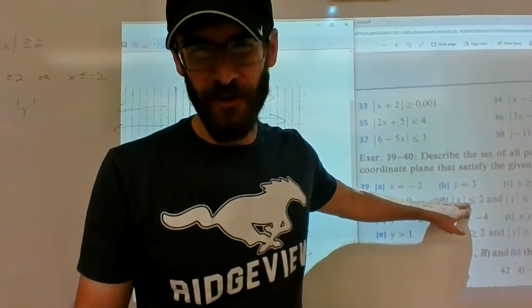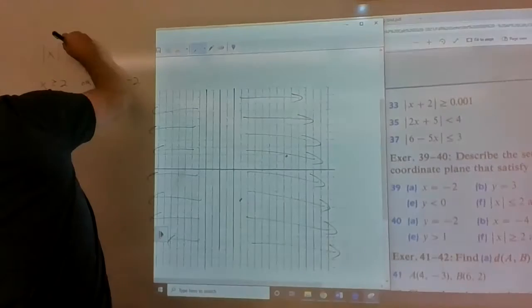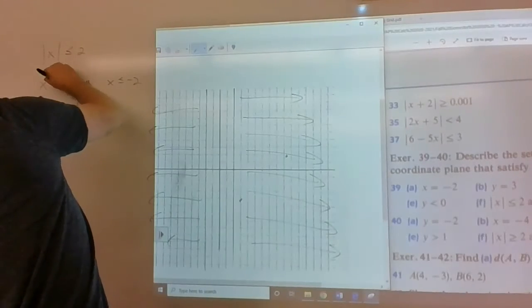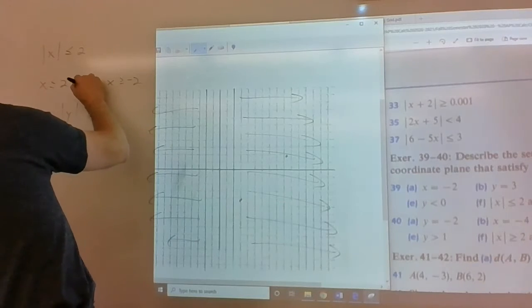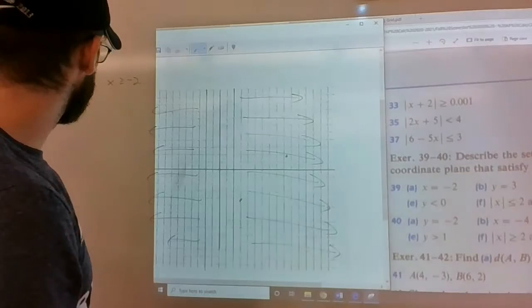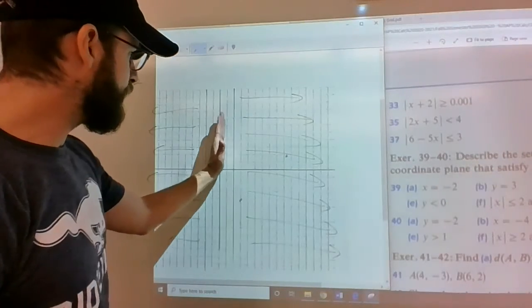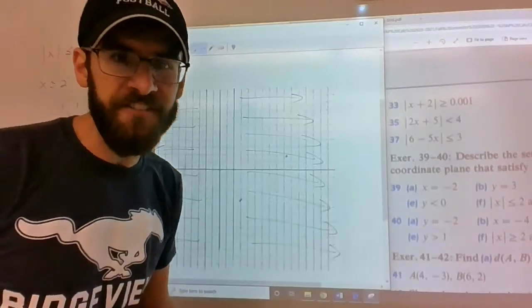Let me try to change that really quick. So what changes here? This is an and now. It's just the stuff in between. It'd be everything greater than or equal to -2, everything less than or equal to 2, so we would just shade the stuff inside.